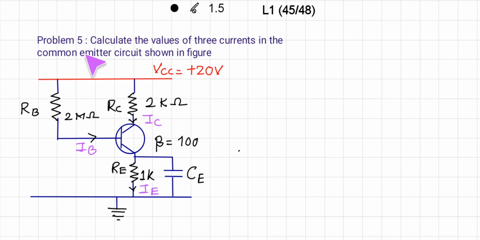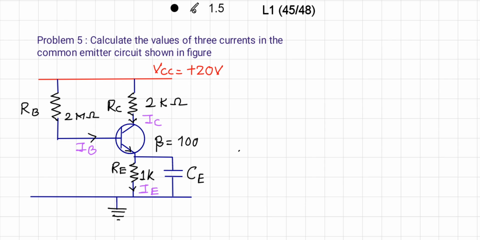So next problem, calculate the values of three currents in the common emitter circuit shown in figure. So here we know it is a common emitter circuit. So it has three currents, that is collector current, base current and emitter current. So the things which are given in the circuit are, first, VCC is equal to 20 volt.